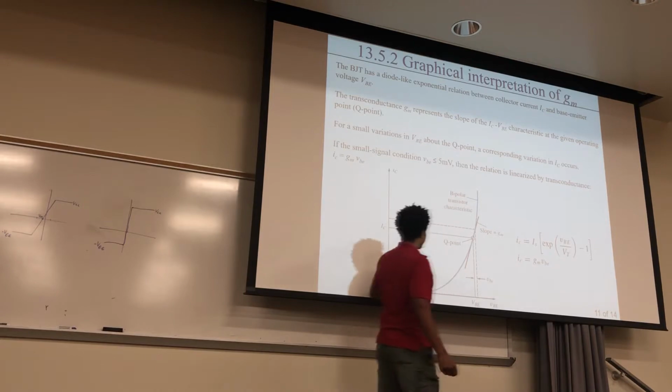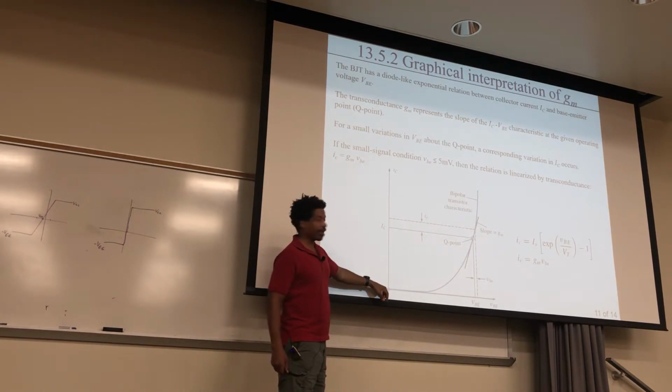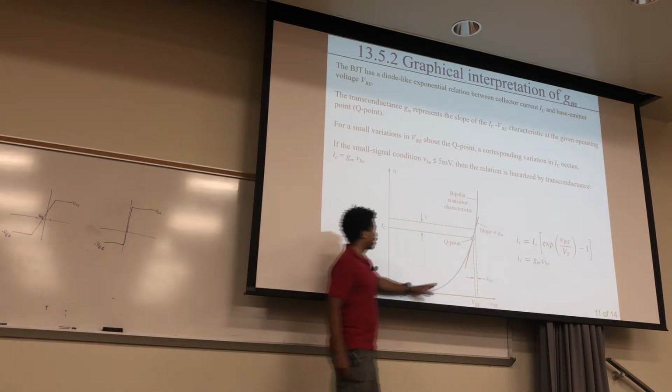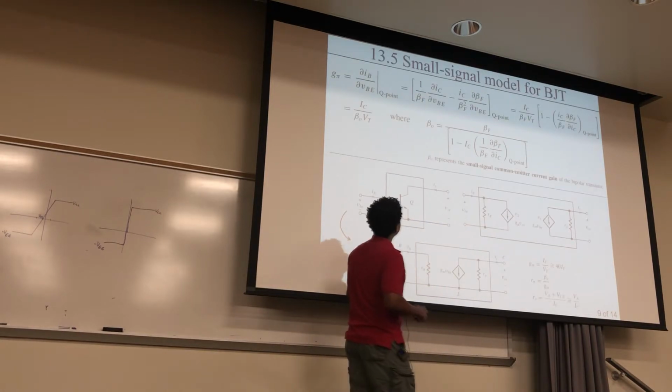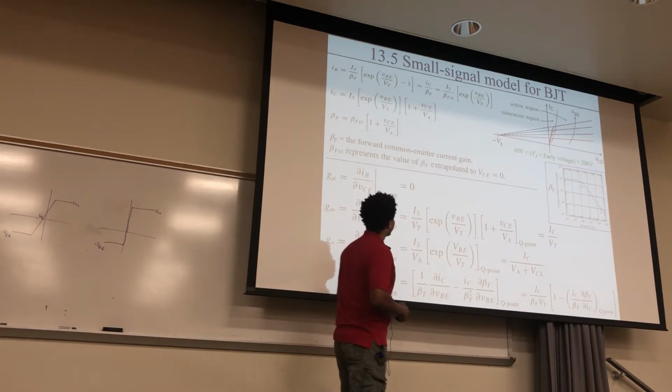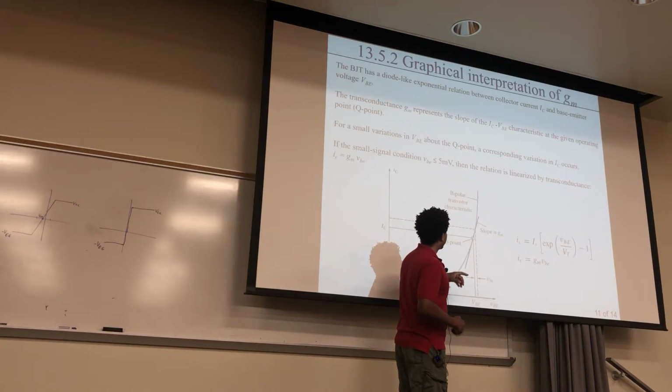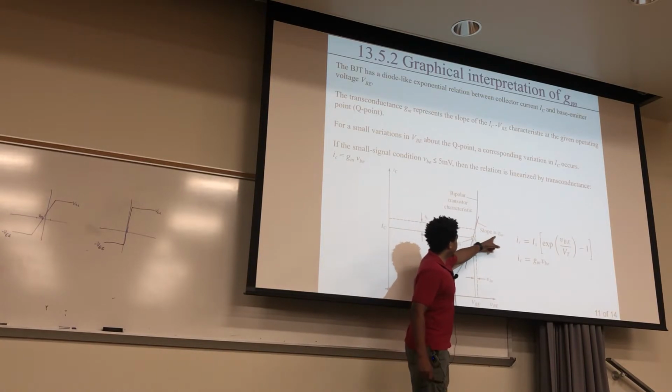Now this looks a whole lot like our diode, but it's the BJT. And that's probably why the book talked about the diode first, small signal around that. This transconductance right here, that's the slope of this.